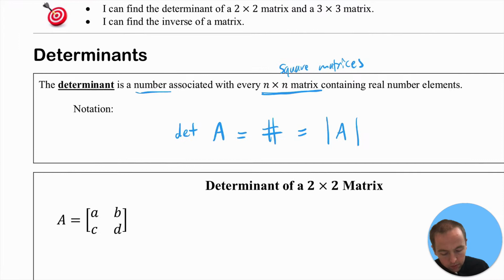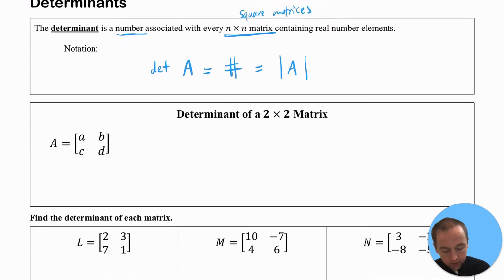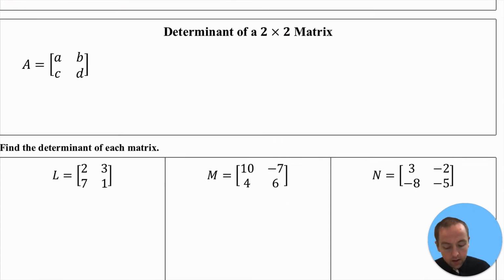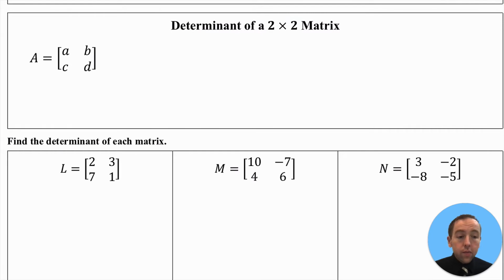We'll mainly focus on finding the determinant of a 2 by 2 and 3 by 3 matrix. So to begin with, how do we find the determinant of a 2 by 2 matrix?